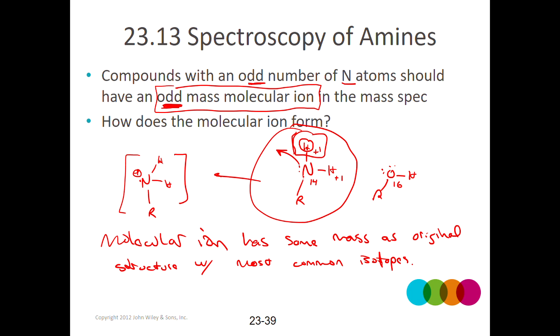And so when an odd number of nitrogens is connected with the number of hydrogens those usually have, that usually ends up giving you an odd mass for the structure, which means you'll have an odd mass for the molecular ion when it loses a single electron, becomes charged, and gets detected by the instrument.